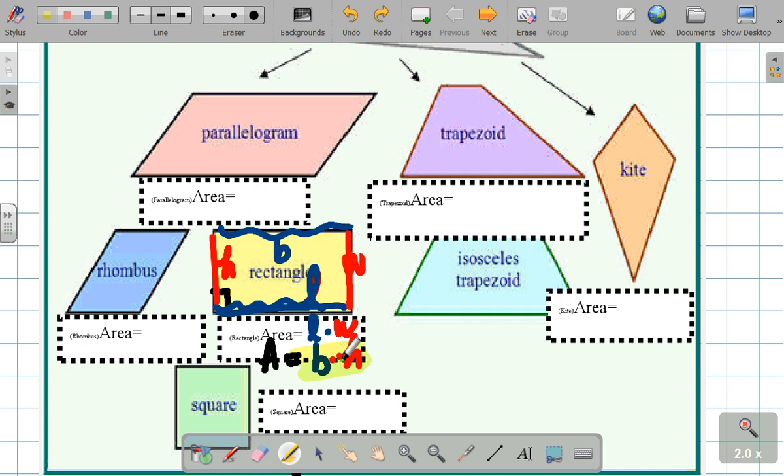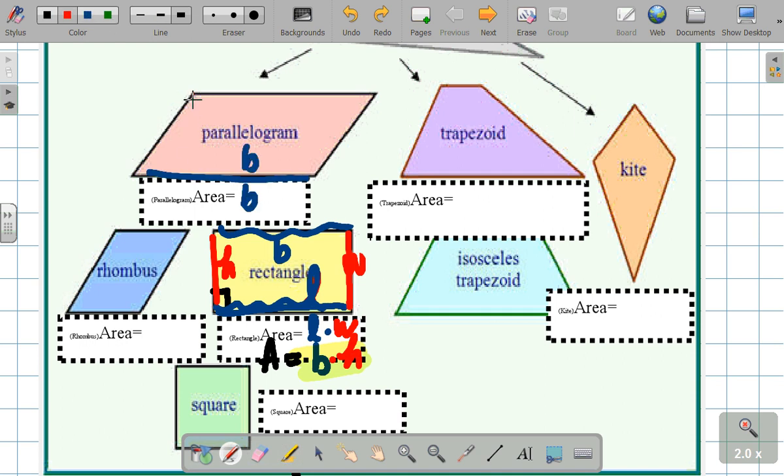Take a rectangle with arms like this. Rectangle. Base and height. Now, see that? All right, but there is a little bit of a trick here. Our base, of course, is in the same position.